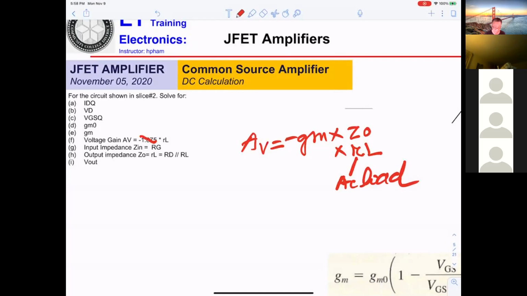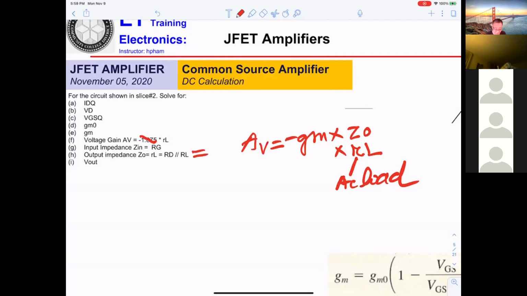Okay, so what voltage gain do you get? Is it 37.5? I don't know, just tell me. I haven't got r out yet.